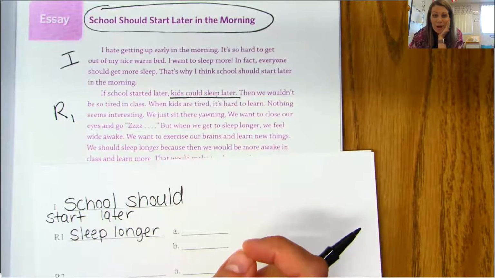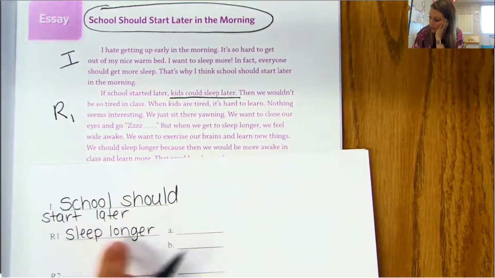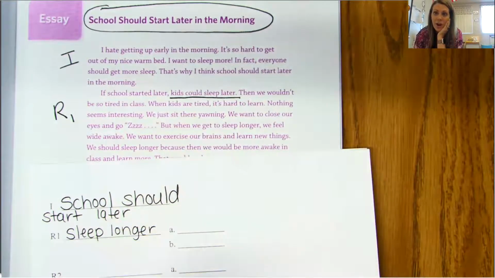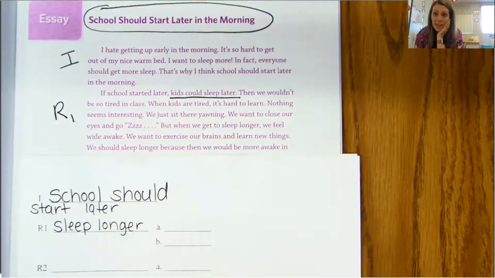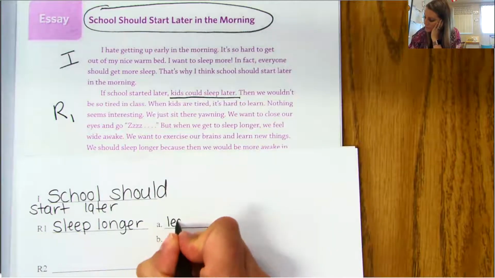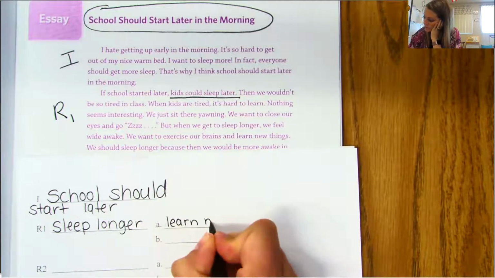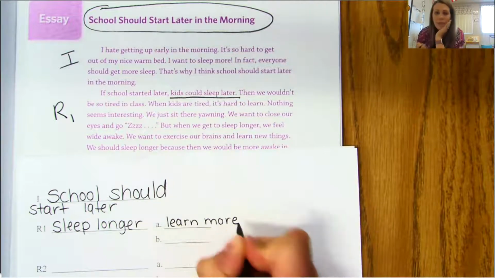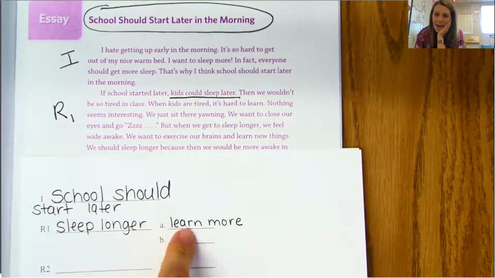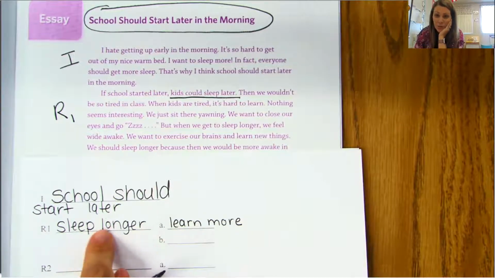So if they're wide awake, if they sleep longer, then they're not tired and they are able to what? Learn more, right? So that would be an example that goes with why they want to sleep longer.